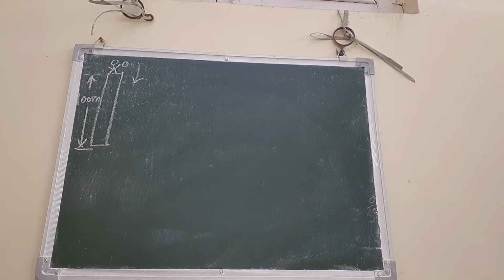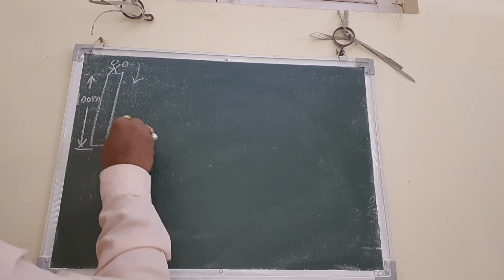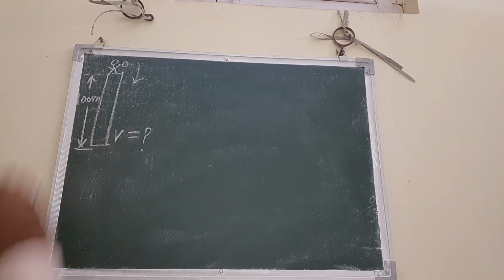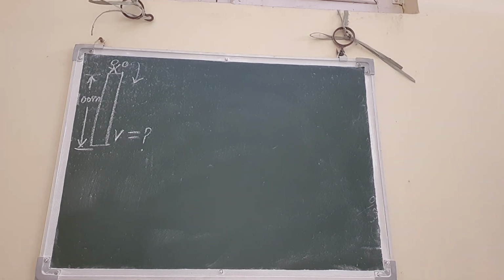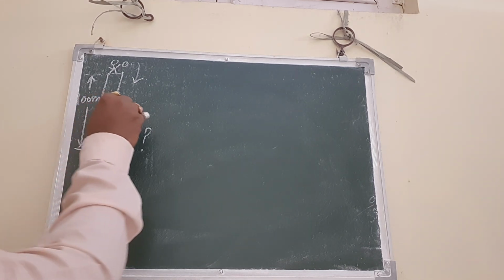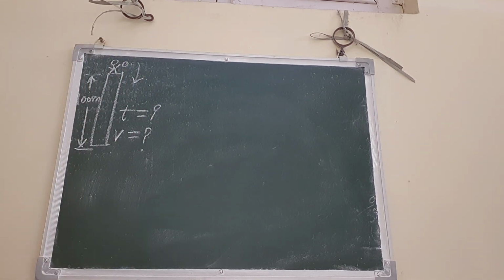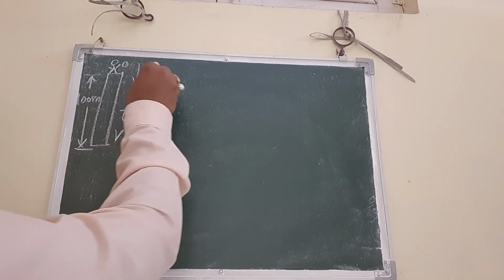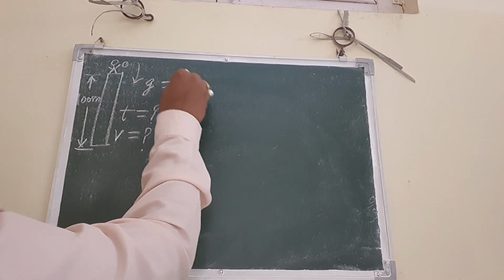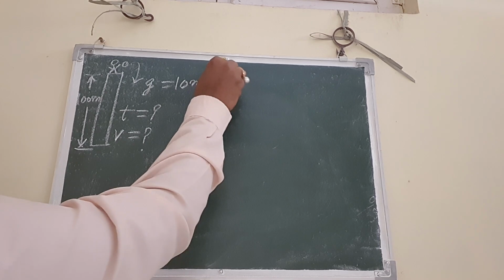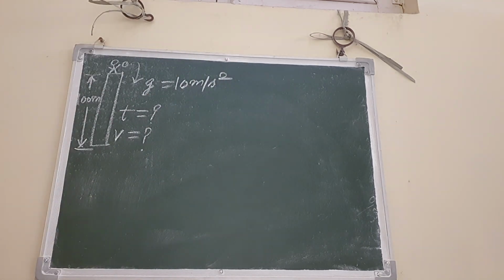We have to find its final velocity, that is v, when it comes to the ground, and the time it takes to reach the ground, that also we have to find. So the gravity given here is 10 meter per second square. So this is our question.